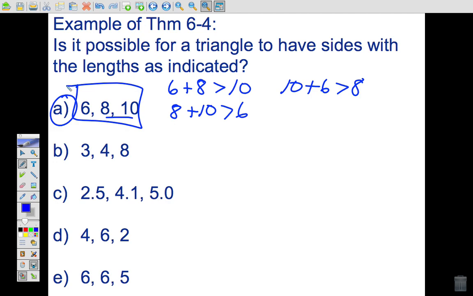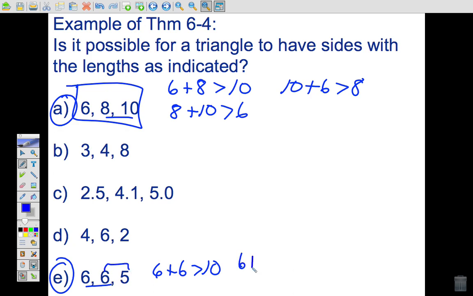Now, I'm not going to go through each and every one of these here just because it's going to take a little time here. But I want to go through one where it's not going to be a triangle. For example, down in E, let's take a look at this one. 6 plus 6 is greater than 10, right? So I use the first two. Now, how about if I use 6 and 5?